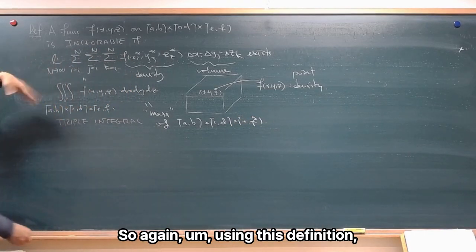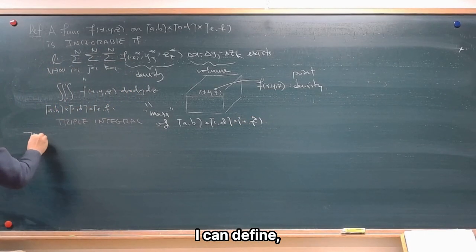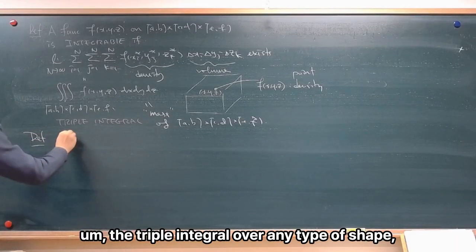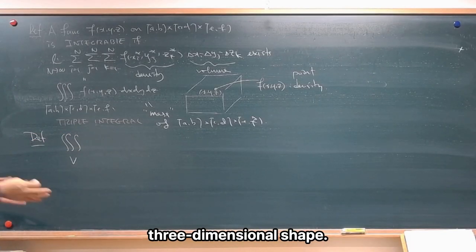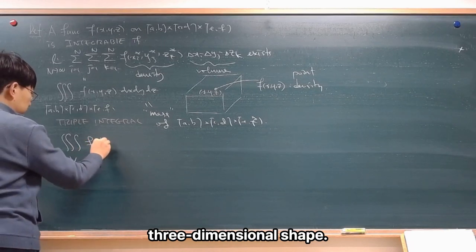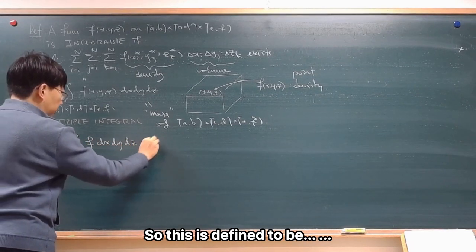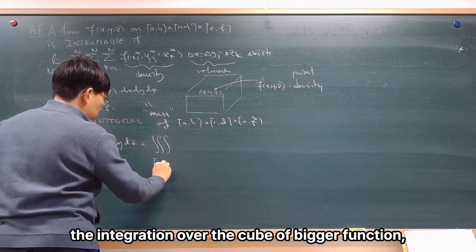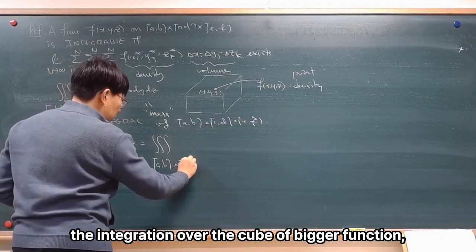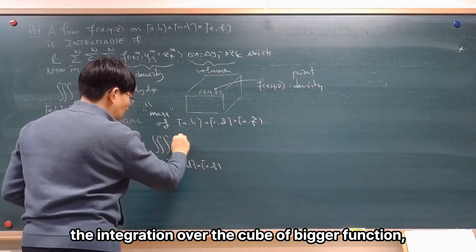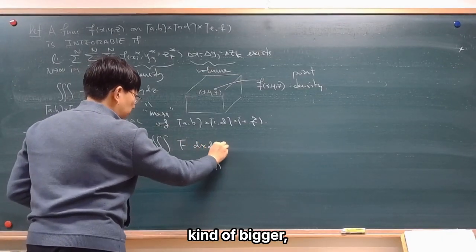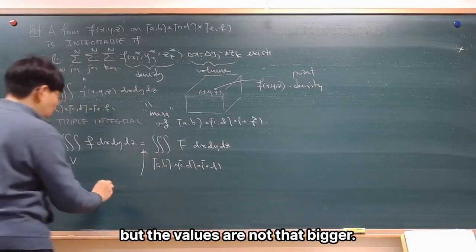So again, using this definition, I can define the triple integral over any type of shape, three-dimensional shape. So this is defined to be the integration over the cube of a bigger function, kind of bigger, but the values are not bigger.